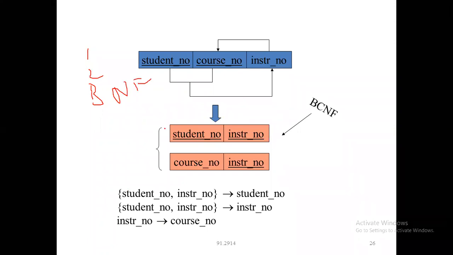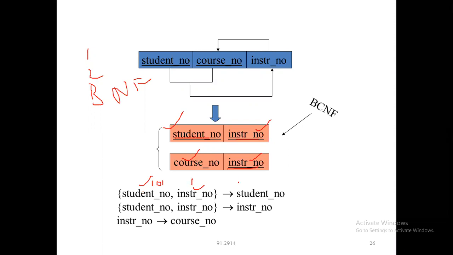So I'll have the student number and the instructor number separately, and then the course number followed by the instructor. Now you can see this is your candidate key, and here you have another candidate key: student number and instructor number. That means student 101, as in the previous case, is followed by one instructor.